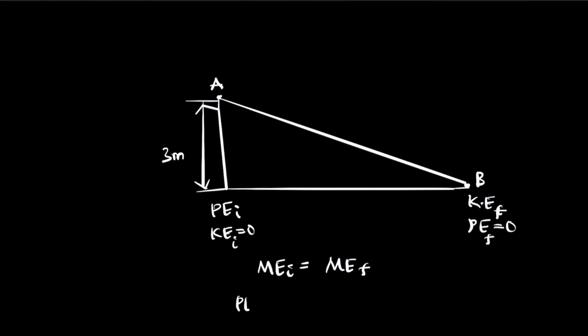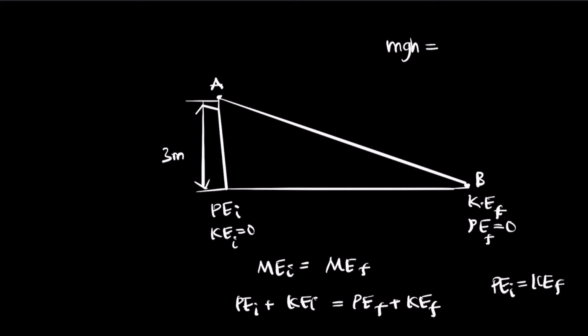So we can write this as PEi plus KEi equals PEf plus KEf. Substituting the values, we get PEi equals KEf. So PEi here is mgh, equals KEf, which is half mv squared.